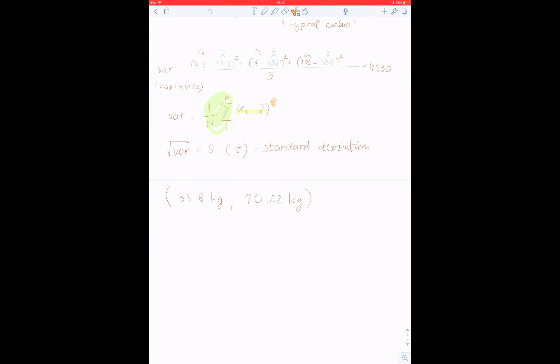Let's summarize it. We were talking about measures of center and measures of spread. The basic idea is to replace a large set of measurements with just one or two numbers. The first number was a measure of center, and we used the arithmetic mean to measure a typical apple.